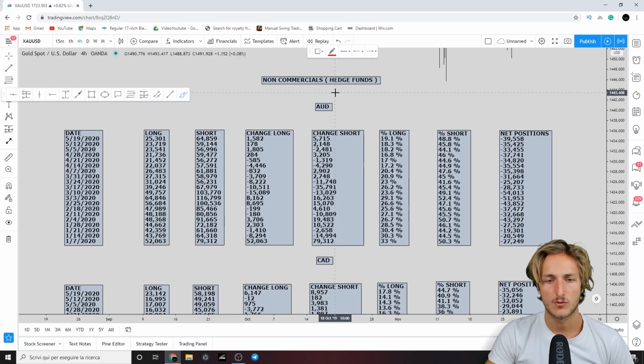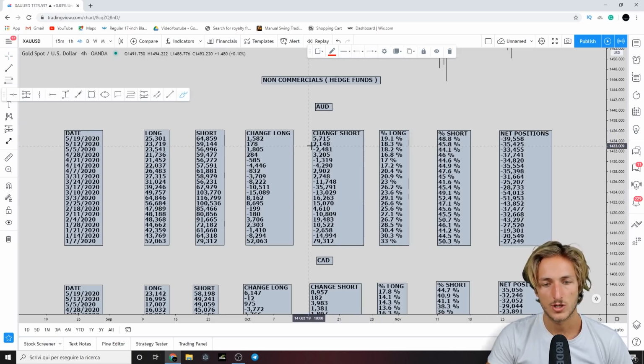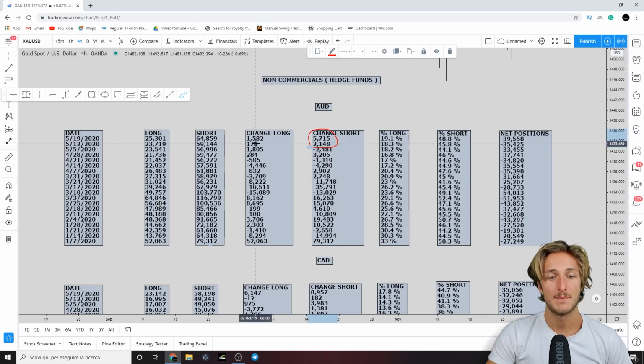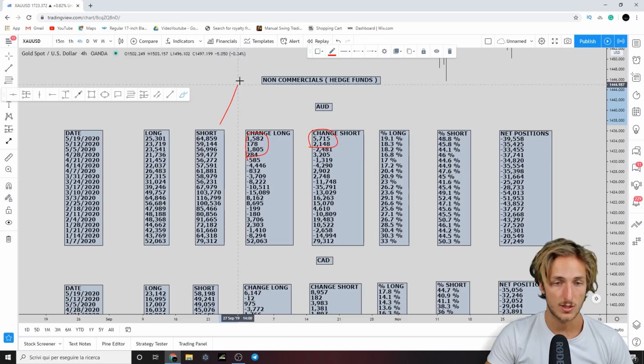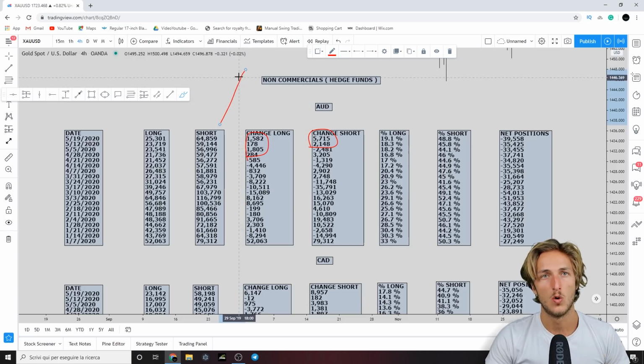Now, at the moment, from a COT perspective on the AUD, we have a situation in which hedge funds have been adding more shorts. In fact, we can see that with the last reports, they first added 5.7k short positions and then another 2.1k shorts. But at the same time, they're continuing to add their longs during the move to the upside, which is exactly what you expect.